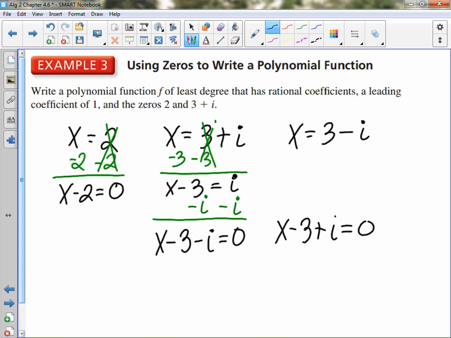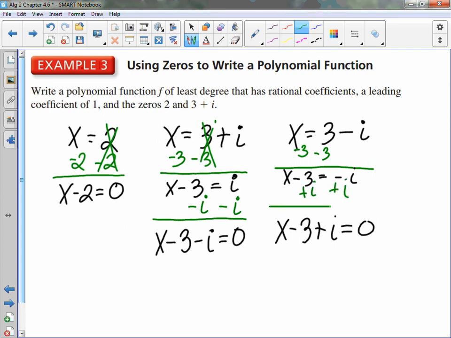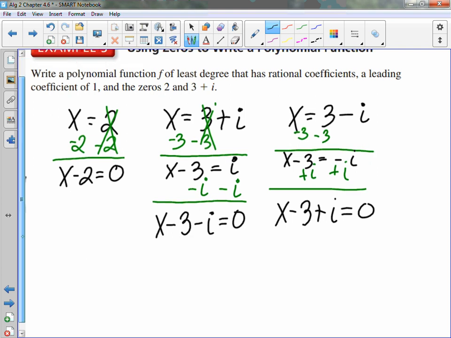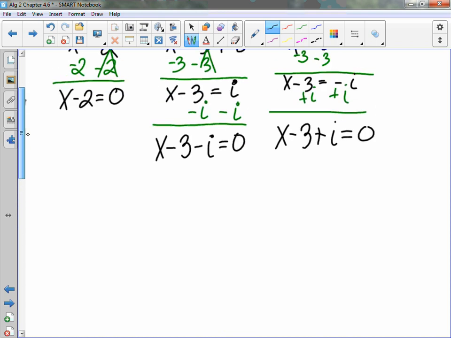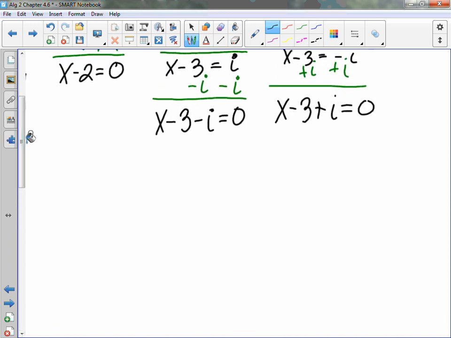Now I could still walk through this here because we would subtract 3 first, which would give us x minus 3 is equal to negative i. Then we would add i to both sides, giving us x minus 3 plus i. So if you notice that, that makes it a little bit easier because once I get one, flip the sign in front of i and I have the other. Any questions on how we got to this point here?